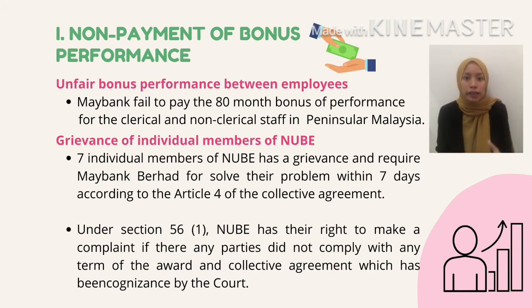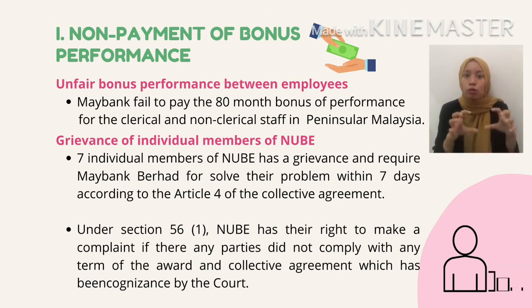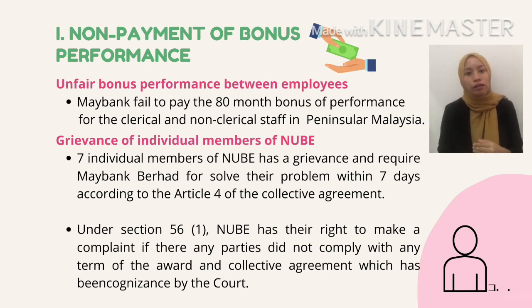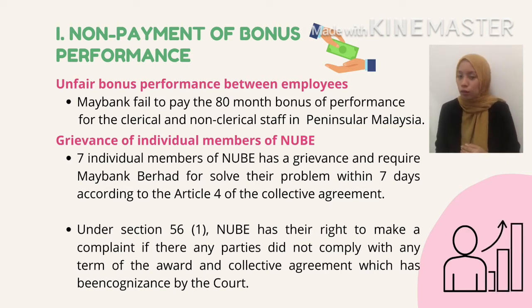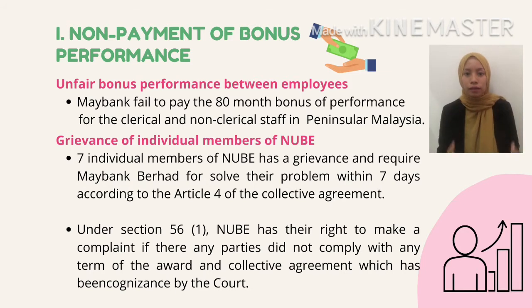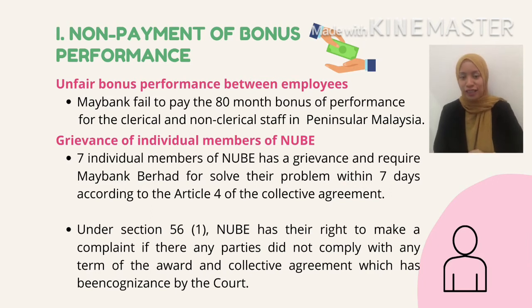Okay, so according to the scope of the collective agreement, any parties involved in collective bargaining have a right to fight for their rights based on the terms and conditions agreed between the parties. This is because collective bargaining gives the workers the opportunity to participate in the formulation of their terms and conditions of employment to promote a good relationship between parties in the organization.